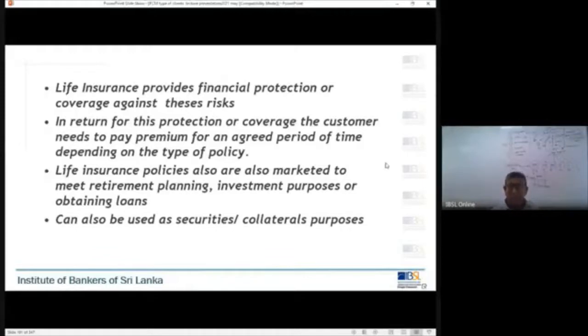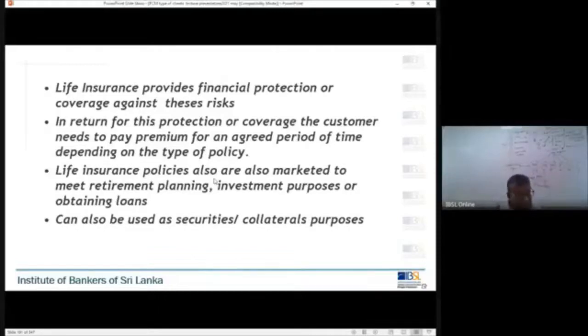Life insurance policies are also marketed to meet retirement planning, investment purposes or obtaining loans. Various purposes, these life insurance policies can be used for. And therefore, sometimes banks use these life insurance policies as collateral, as security.